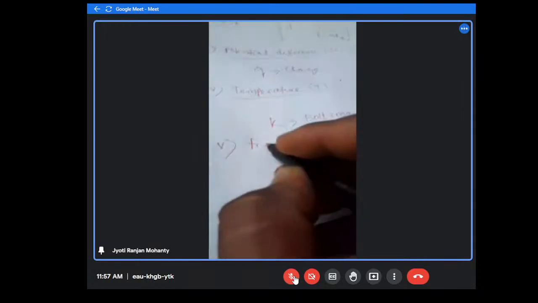So the last point, for a free relativistic particle.